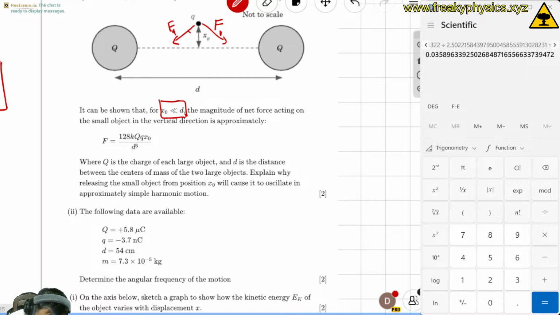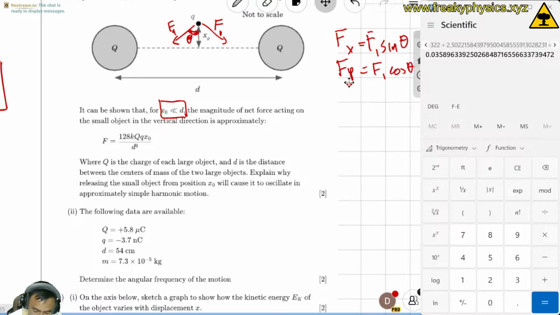Let's put the angle theta there. So we can also say that Fx should be equal to F1 sine theta, right? And then Fy should be equal to F1 cosine theta.